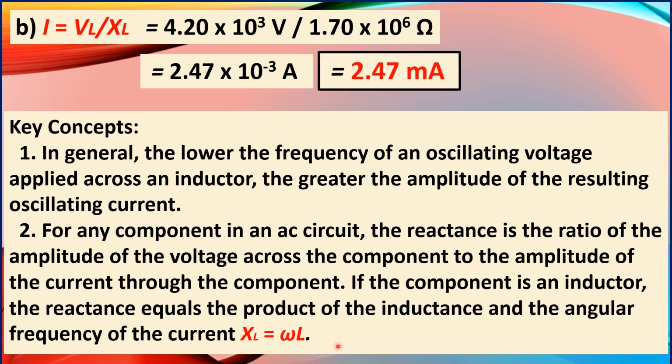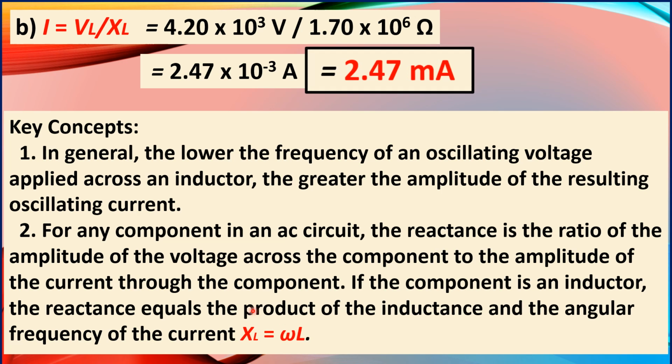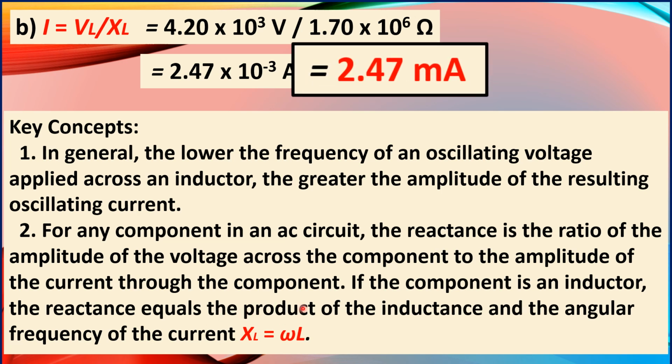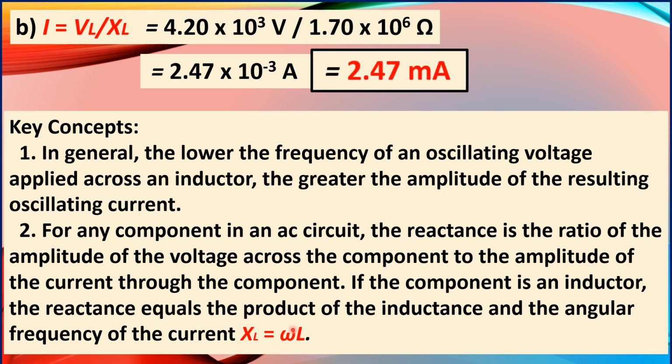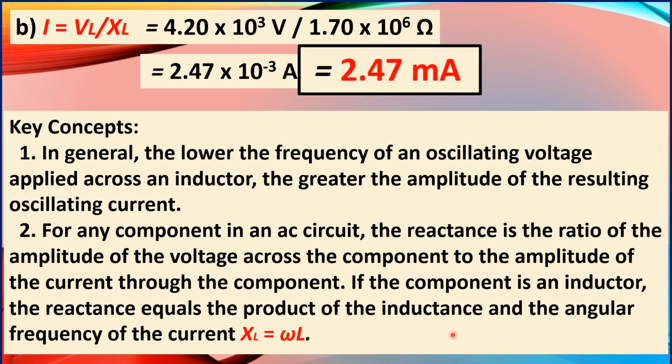That means the inductive reactance labeled as capital X sub L is just equal to the product of the angular frequency omega and the value of the inductance capital L.